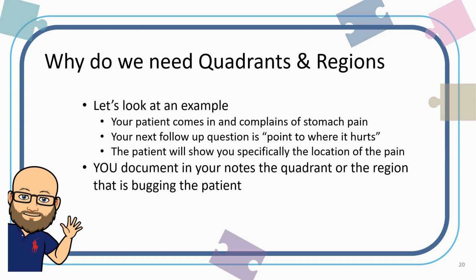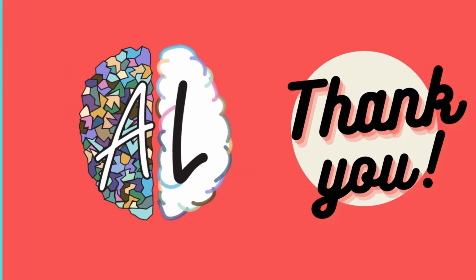And that is what you are going to put inside of your medical notes. So you're going to say, when I asked the patient to point where it hurts, they pointed to the upper right quadrant. They pointed to the epigastric region. So whatever you are putting in your notes should be very particular and medical.